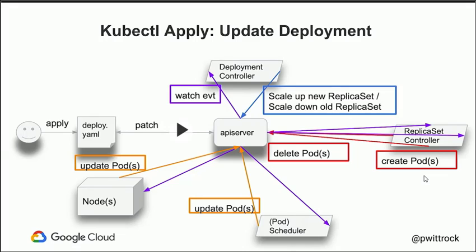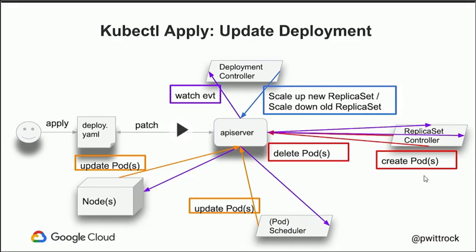The deployment controller says to scale up the new replica set or scale down the old replica set based on whatever information you have provided. Then a watch event is sent to the scheduler, and the scheduler again updates the pod.